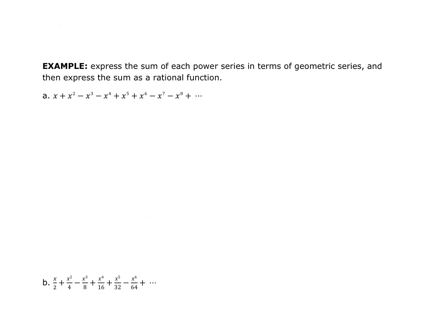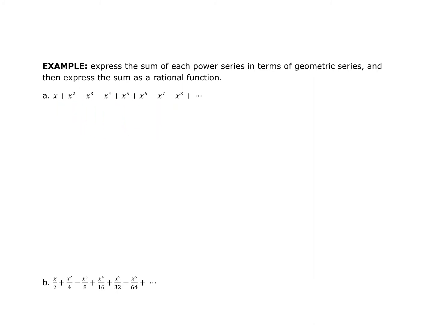Now, we're going to take the time to take a polynomial and write it as a power series. As I look at my first one, I'm going to lump together the negatives and I'm going to lump together the positives. The reason I'm going to do that is because it's not alternating. It's positive, positive, minus, minus, positive, positive, minus, minus.